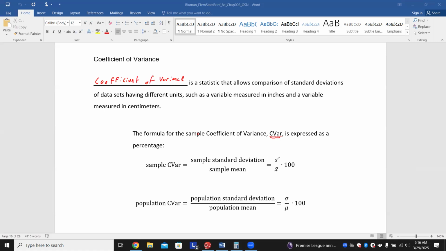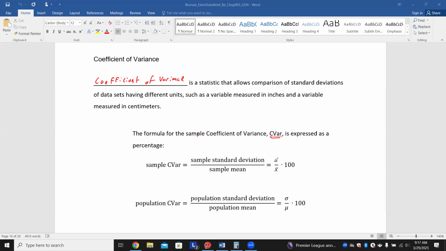Like I said, if we're looking at the comparison of how plants and trees grow in the same soil, one might be in feet, one might be in inches, but we can compare them by just turning them into percentages. We can see the growth factor here is this kind of percentage, and the growth factor here is this type of percentage. If you have a population CVAR, you would just take the population standard deviation divided by the population mean times 100.